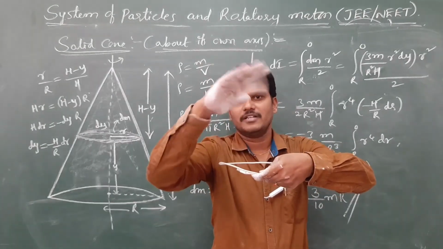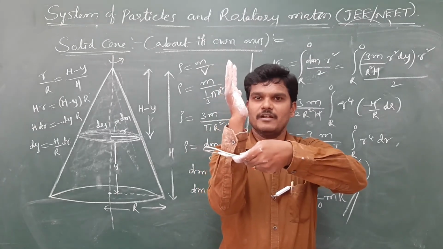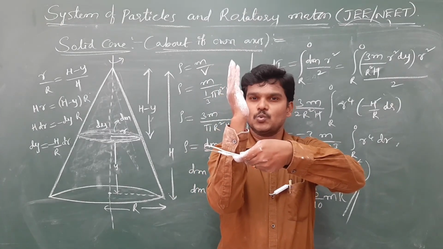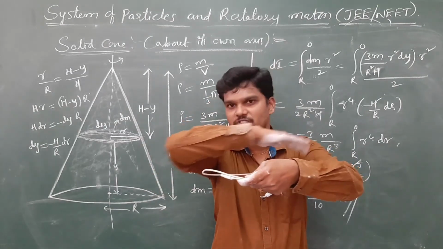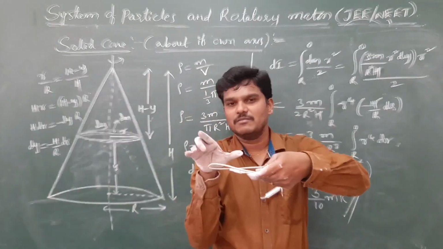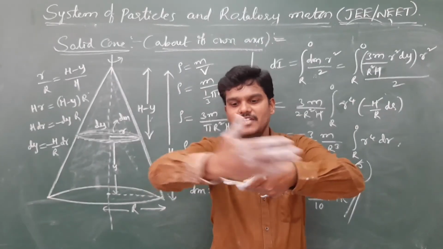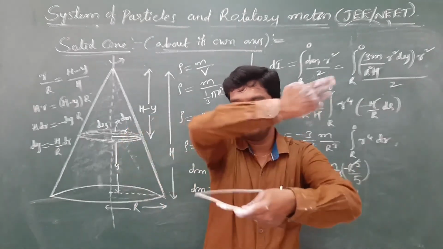Later, circular disc passing through the center perpendicular to the plane, mr square by 2. About a diameter, mr square by 4, half of mr square by 2. Next, tangent perpendicular to the plane, mr square by 2 plus mr square. Tangent in its plane, mr square by 4 plus mr square, 5 by 4 mr square.